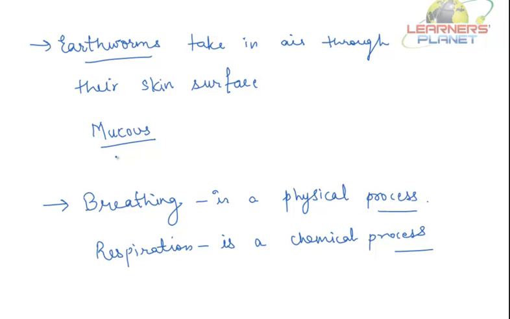Therefore, they come out only in moist conditions so that they can travel without dehydrating, meaning loss of water from their body. And it is also believed that when there is excessive rain, the soil becomes waterlogged and the earthworms cannot breathe. So this is one fact which we should keep in mind.